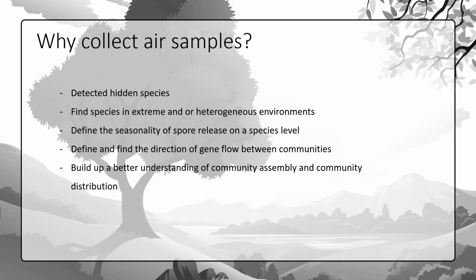With some studies of spore release with air sampling, we are more or less able to pinpoint this time frame a little bit better in the future. And with all this data, of course, we are then able to define the direction of gene flow of our communities, and describe in a more understandable way the community assembly and why they are assembled in this direction and not in the other way.